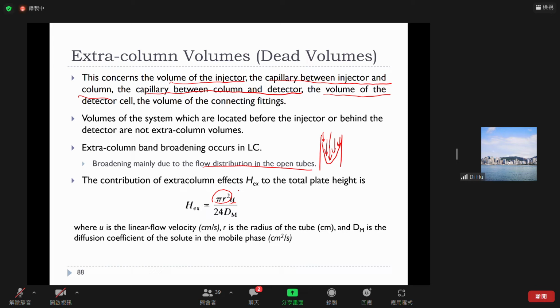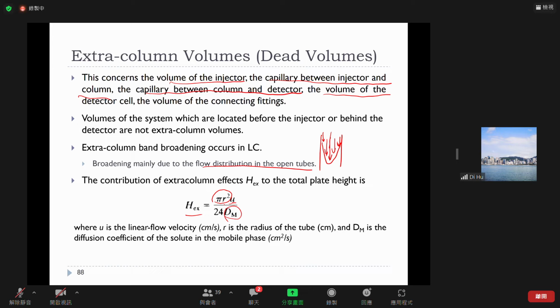When the linear velocity decreases, it has longer time, and then the larger diffusion can help. So that means you have to use thin tubing and as little tubing as possible, okay?